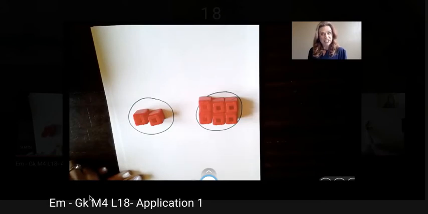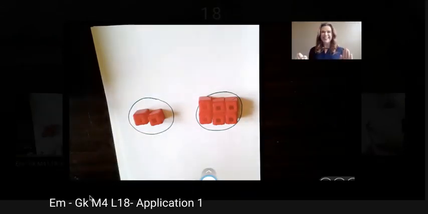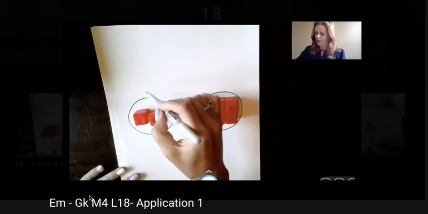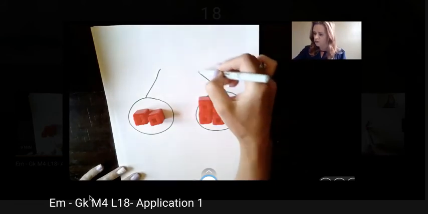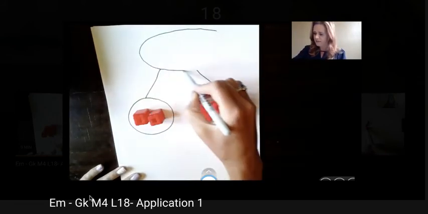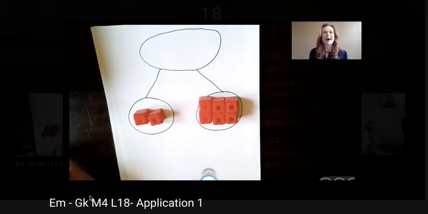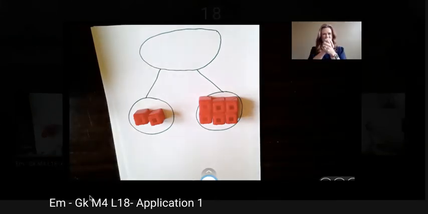Now let's change this into our number bond. So remember, when we have 2 parts, they can come together to make our whole. Let's make our whole right here. Pause the video to make yours look like mine. Now let's figure out what our whole is. So we're going to put our 2 parts together to make our whole.